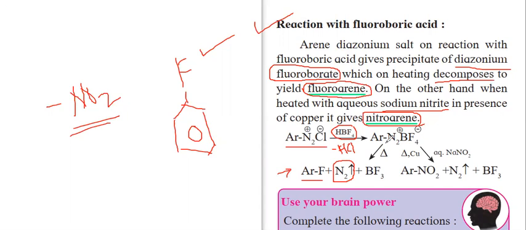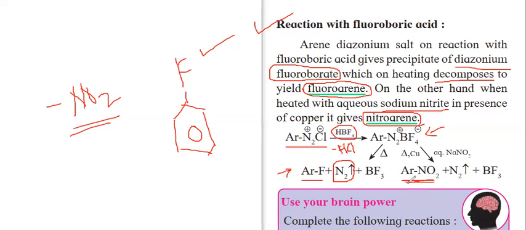Similarly, if this diazonium fluoroborate is heated with NaNO2, sodium nitrite, in the presence of copper, it forms nitroarene or nitrobenzene, in this case if we have used benzene as the aromatic.